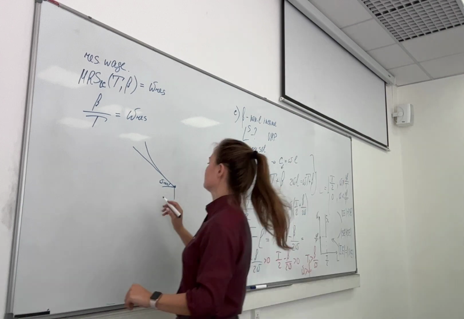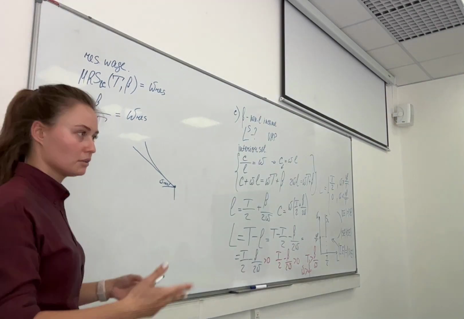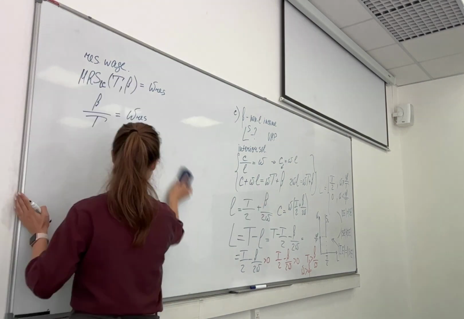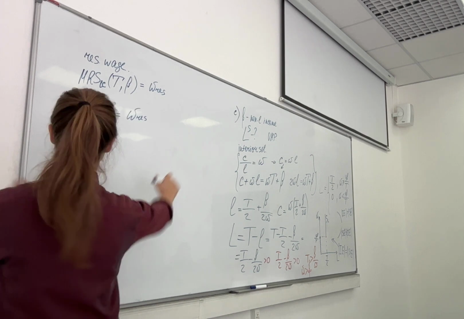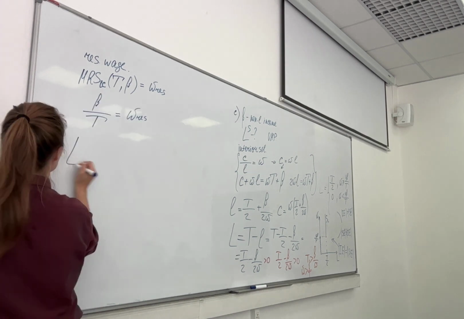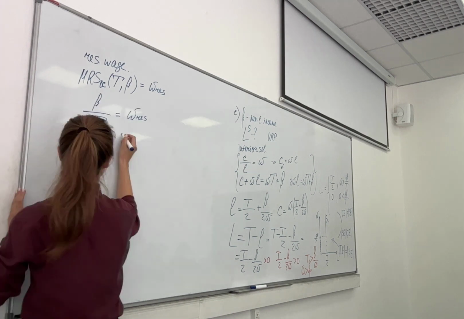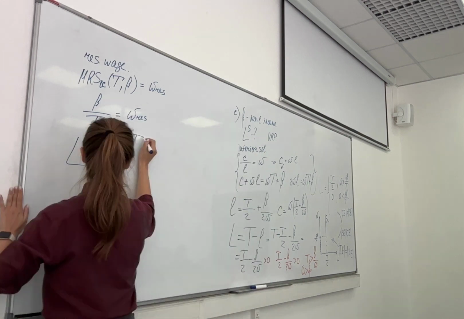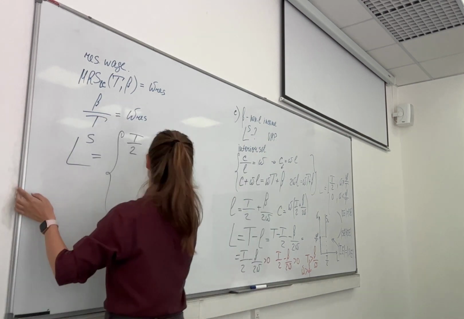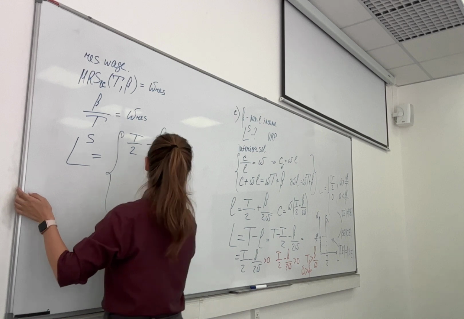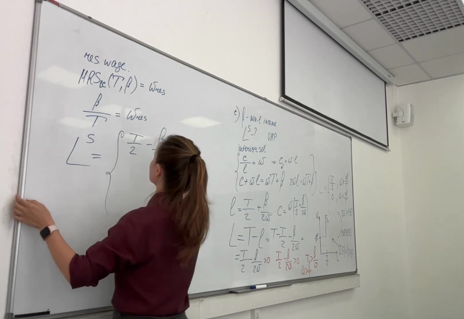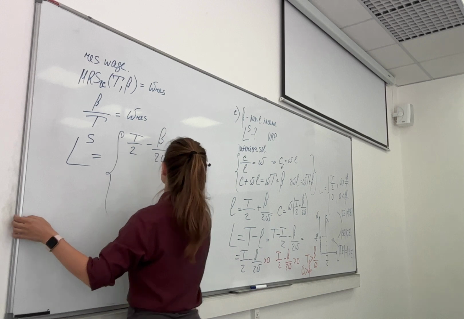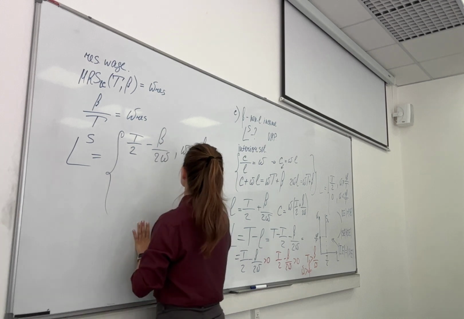And now we are ready to write down the new labor supply, and we can compare it with the previous one. New labor supply will be equal to T over 2 minus beta over 2 wage. This is true for wages greater or equal than our reservation wage, so beta over time.